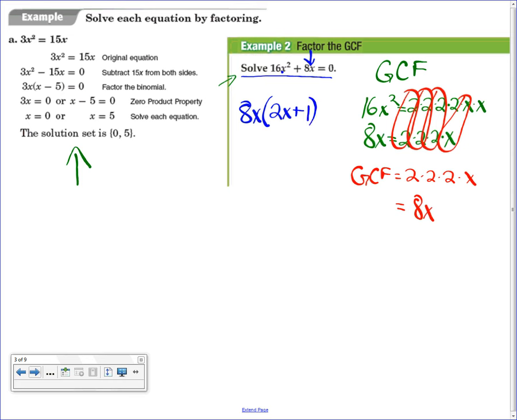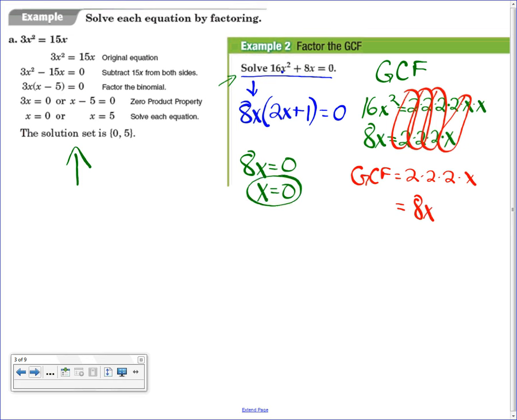Now, this is equal to 0. So what we know is that either 8x has to equal 0 or 2x plus 1 has to equal 0. Now, if 8x equals 0, then x would equal 0 because 8 times 0 equals 0. There's one solution.